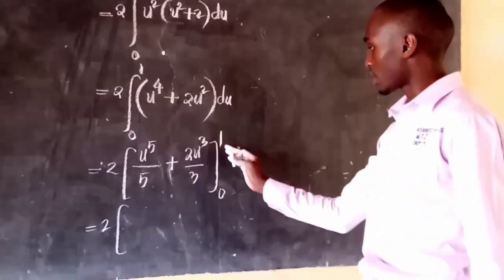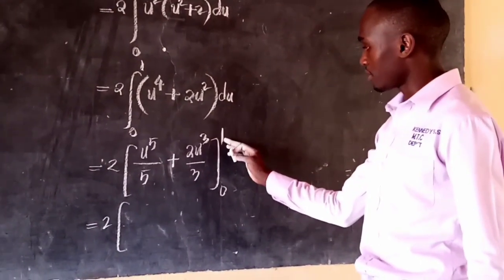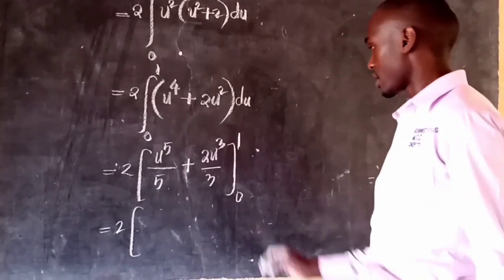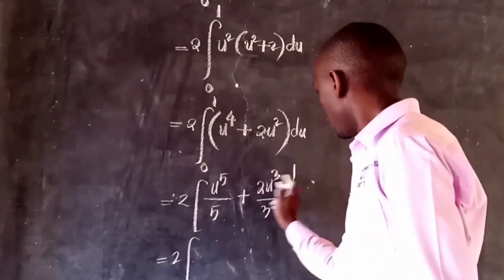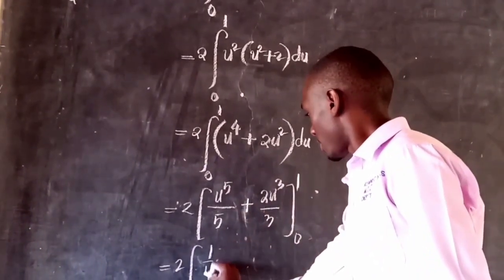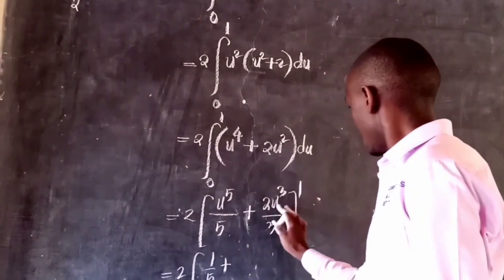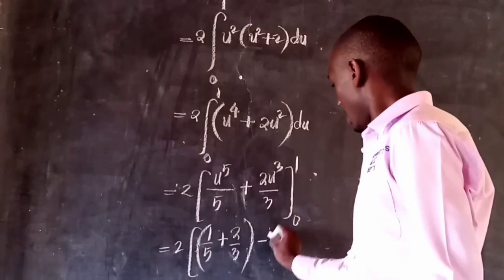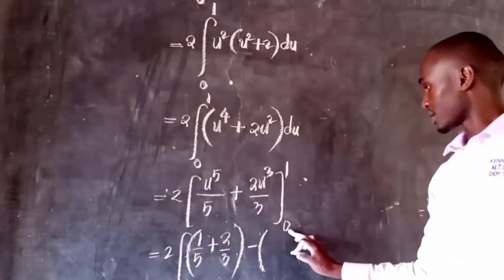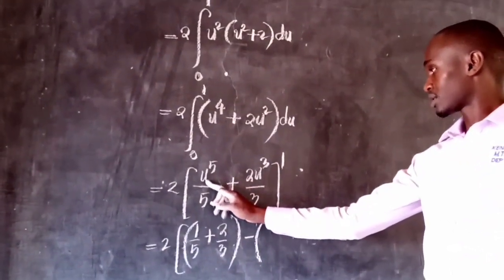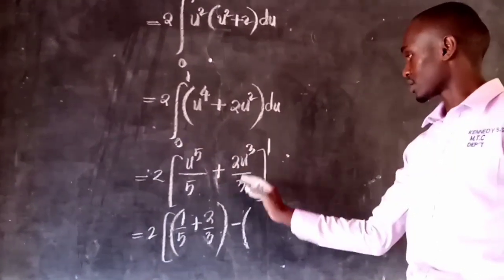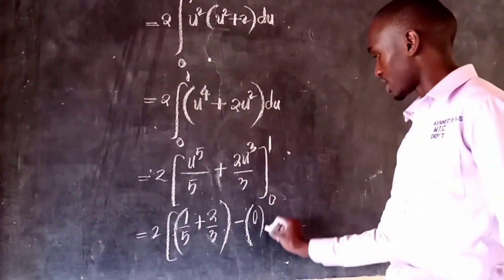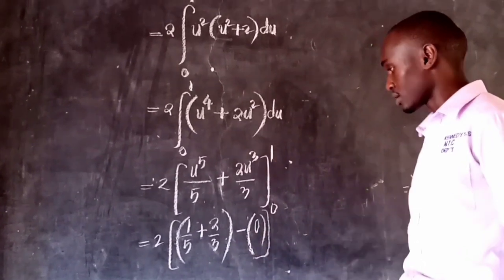From Integration 1, we are all aware when you have limits, start with the upper limit to evaluate minus the lower limit. Our upper limit, put a 1 here, you get 1 over 5, plus insert a 1 here, you get 2 over 3. You will agree with me, dear viewers, that 0 implies this term is 0; 0 over 5 is 0, 2 times 0 is 0 over 3. The whole term will yield a 0.